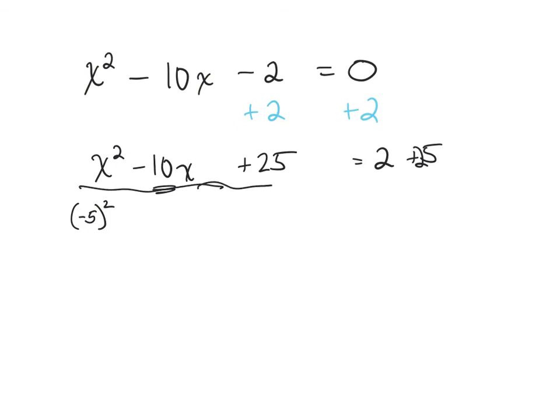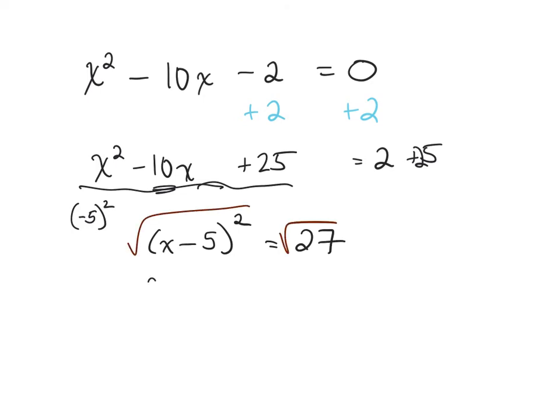So now if we think about this side, two numbers that multiply to 25 and add to negative 10 are going to be negative 5 and negative 5. So this perfect square trinomial can be written as x minus 5 squared equals 27. So now I'll take the square root. So I'll get x minus 5 equals plus or minus the square root of 27.